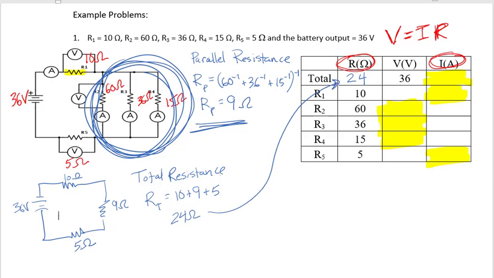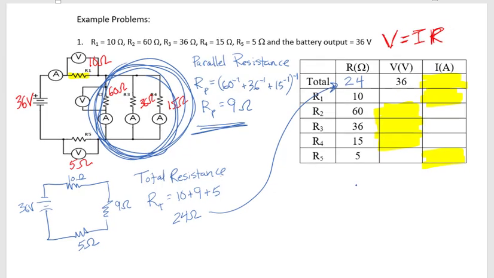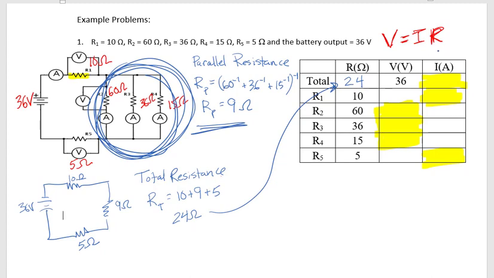And then we have two numbers in the table along the total. So we should be able to take voltage equals current times resistance. We know that 36 is equal to our current times 24.